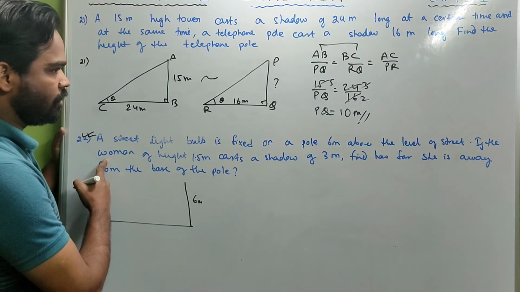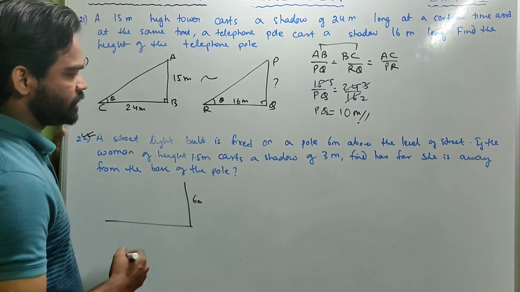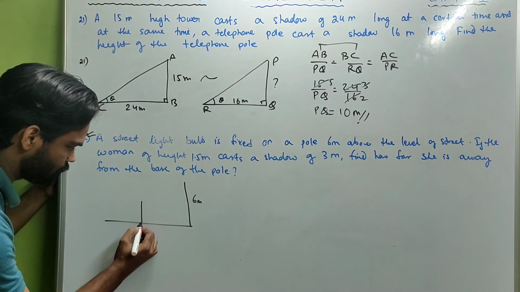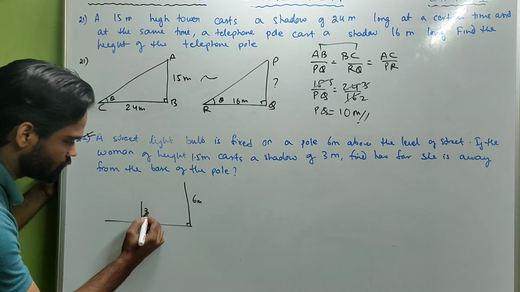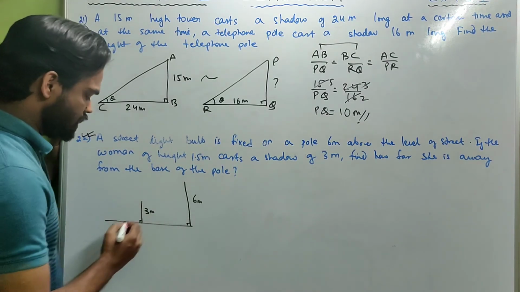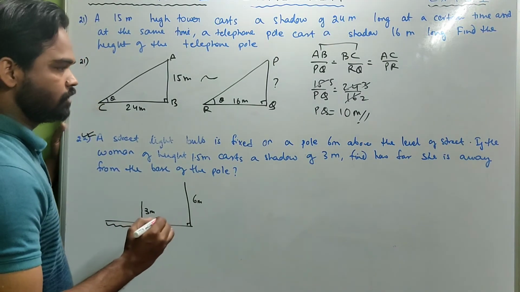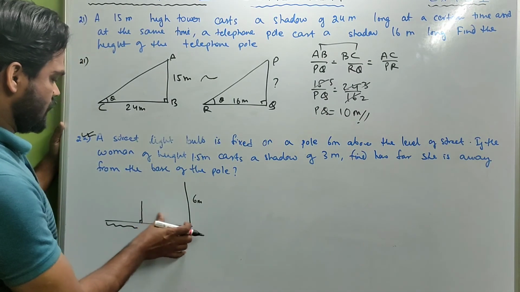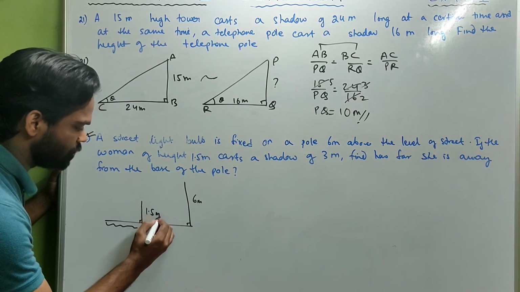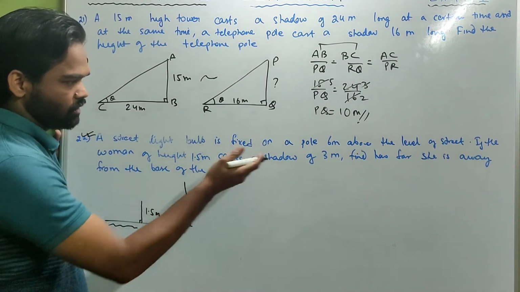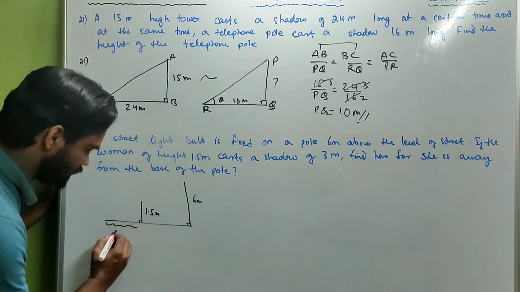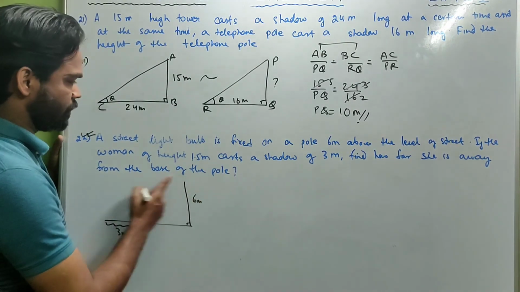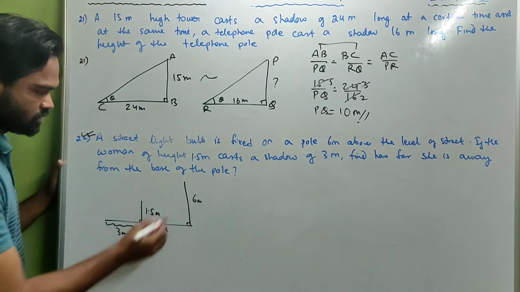If the woman of height 1.5 meter casts a shadow of 3 meter, find, so there's a woman, suppose, standing, and she casts a shadow, the height of the woman was 1.5 meter. Find how far she is away from the base of the pole, which means this distance.